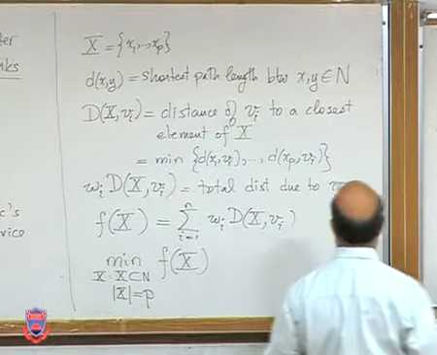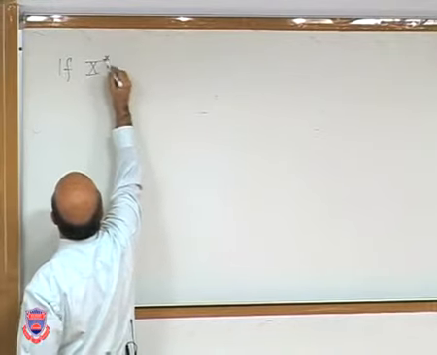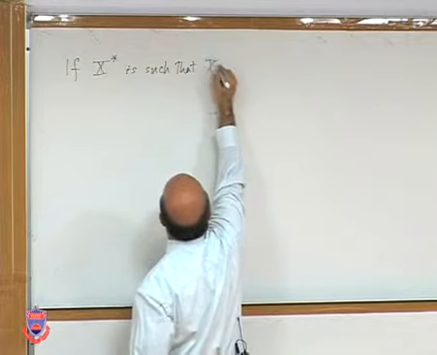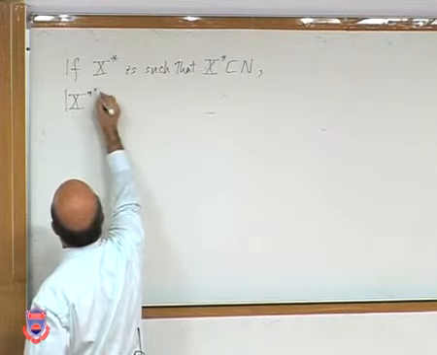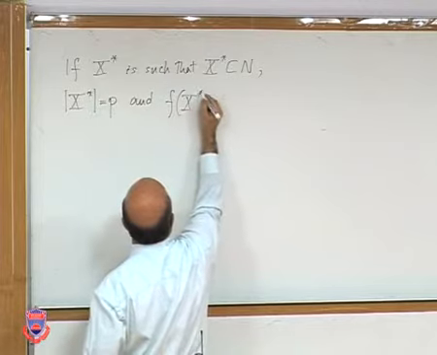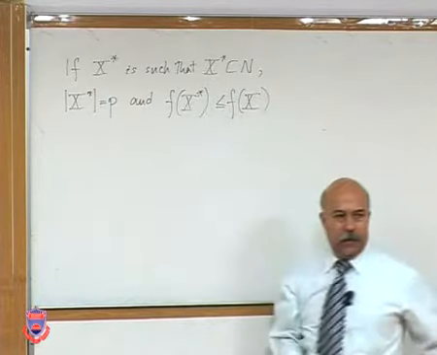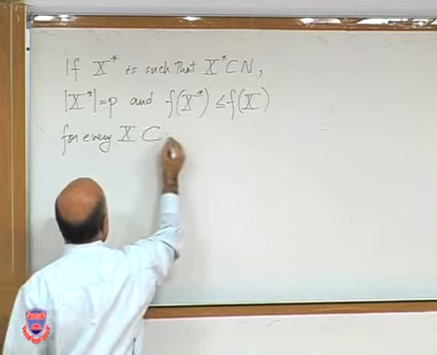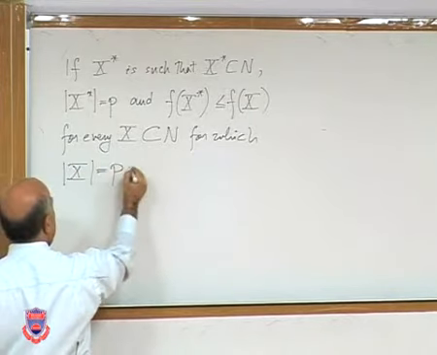And given this definition, we say if X star is such that, first of all, it is feasible with p points in it, and additionally, the objective value you obtain for X star is less than or equal to the objective value you would get for any other X, for every X subset of N for which X again has p elements in it.